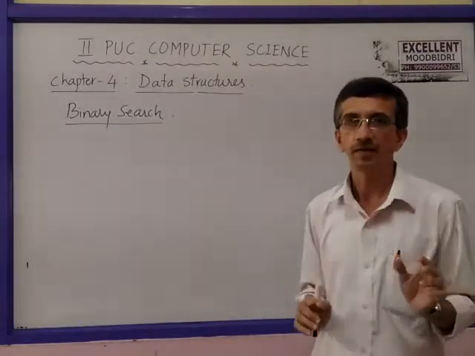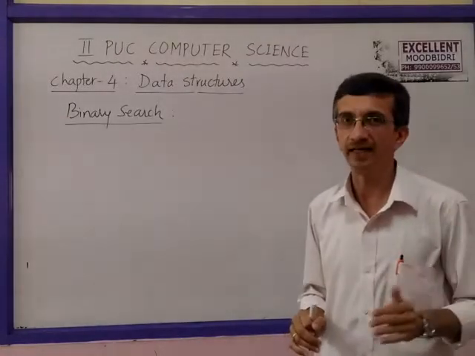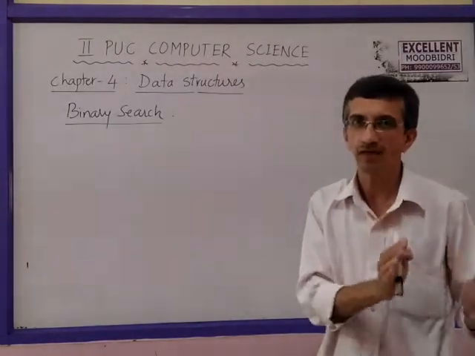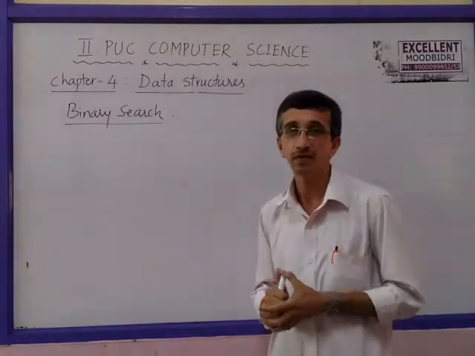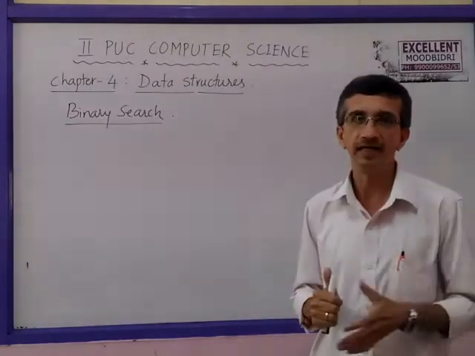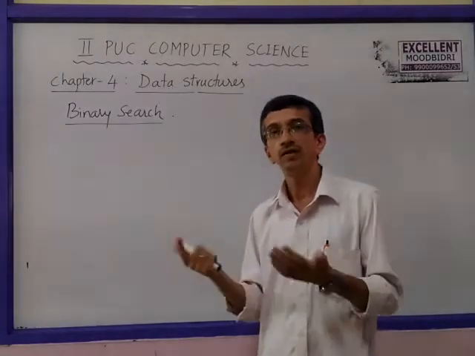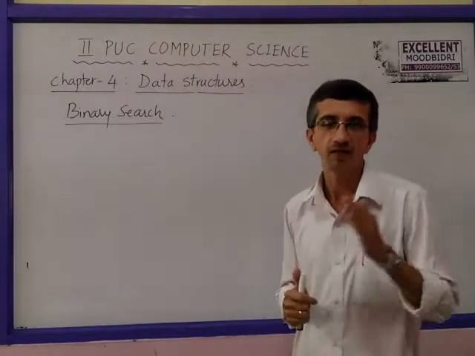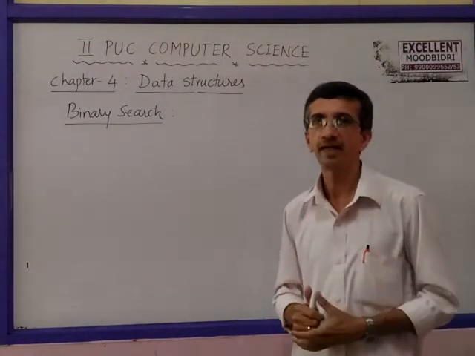For example, if the search element is less than the middle item, then we search in the first half, because in the second half there is no chance of having the element since the search item is less than the middle item. In case the search item is more than the middle item, then definitely the first half we need not search. That can be excluded from the entire search.